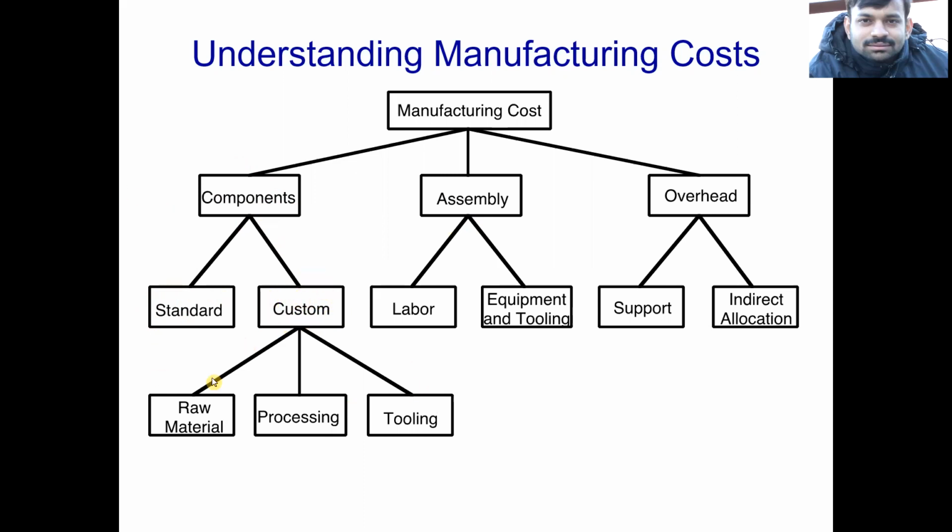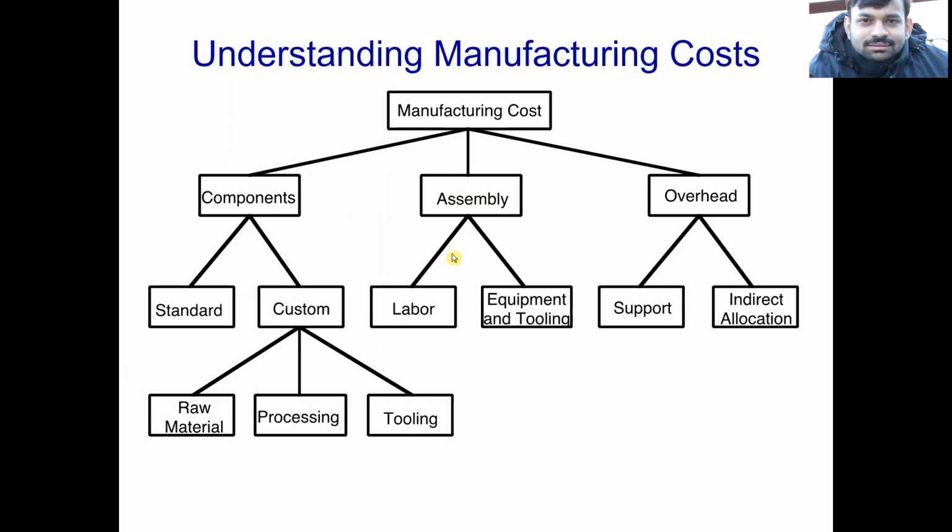The other sources will include the raw material cost, the processing cost, and the tooling cost. So these three costs will be further included if we use any custom component. These costs are associated with the component costs, which get incorporated in the manufacturing cost.